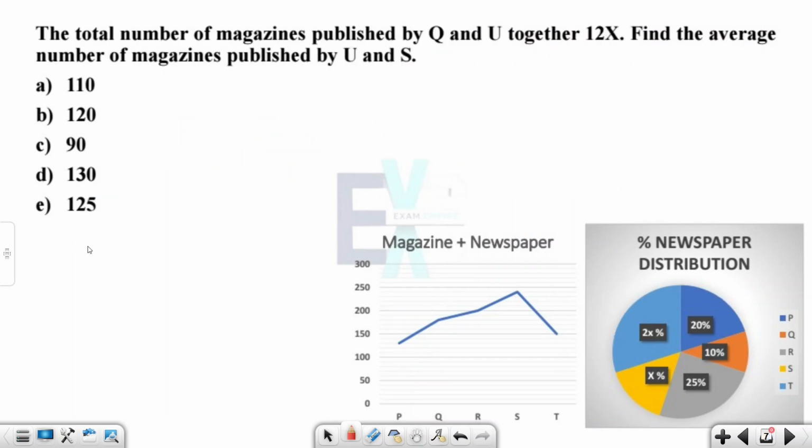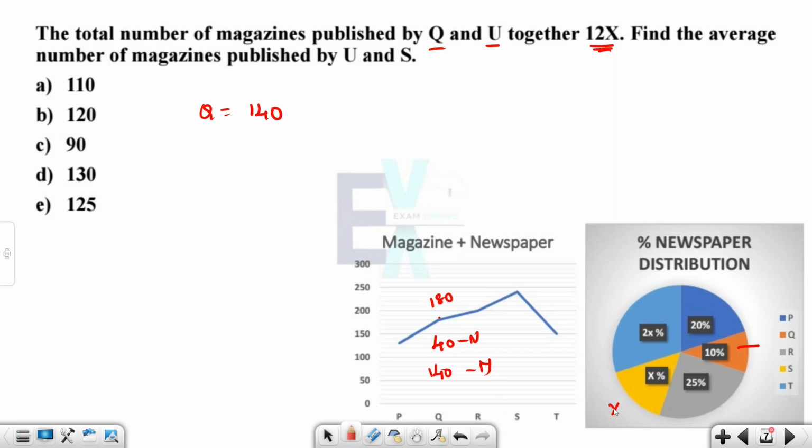Next, the total number of magazines published by Q and U together is 12X. So this is 180. In that 180, 40 are newspapers, so the remaining 140 will be magazines. So this is nothing but for Q. So magazines for Q is 140, and U together is 12X.